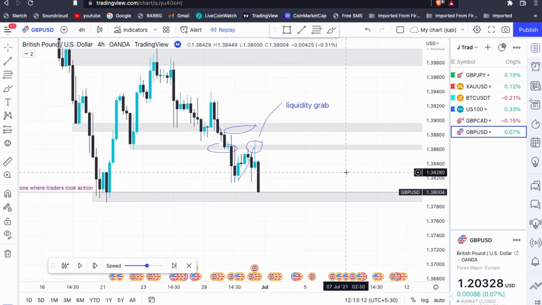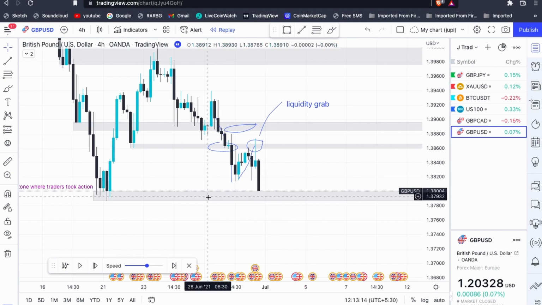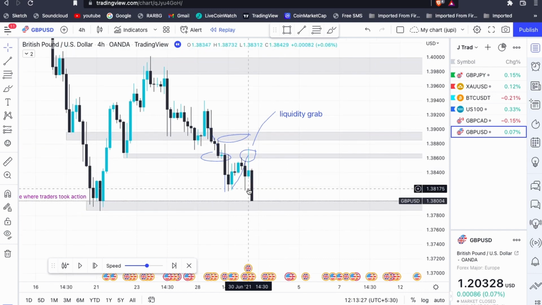Now let's see if it's going to support. I think in my point of view, it's going to support. This zone is going to support the price. It's going to form multiple wicks, or maybe bounce the price up. Yeah, okay, let's see. Let's play the chart.